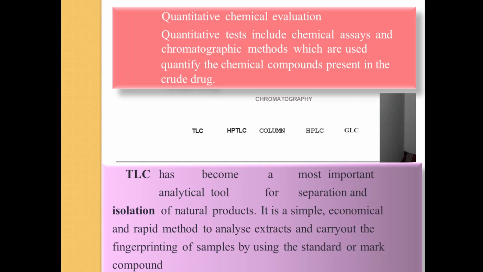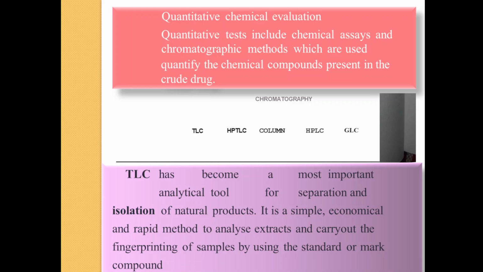After separation of the different constituents, they are detected by using the retention factor, that is, the RF value is calculated. If any constituent present in the drug matches with the marker compound, it will indicate that this compound is this.